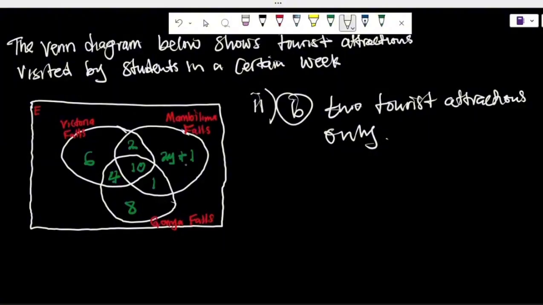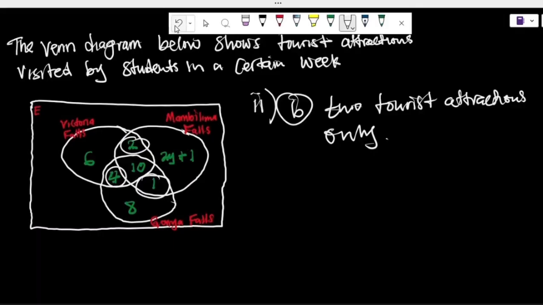Notice that according to the information given, the only students who visited 2 tourist attractions only are, notice that 4 for Gonya Falls and Victoria Falls, and 2 for Victoria Falls and Mambillima Falls, and also 1 for Mambillima Falls and Gonya Falls. 10 visited 3 tourist attractions, 8 only 1, 6 only 1, and here 2y plus 1 is just for 1 tourist attraction.